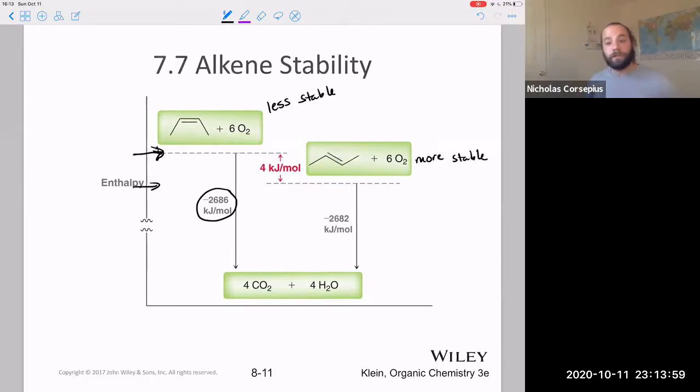So you can actually measure these things. And in this particular case, you'd see that the difference between them is about 4 kilojoules per mole. That difference is only going to increase the more bulky those groups are. So if these were, instead of just being methyl groups, tert-butyl groups, for example, we'd expect that gap to be that much more significant.